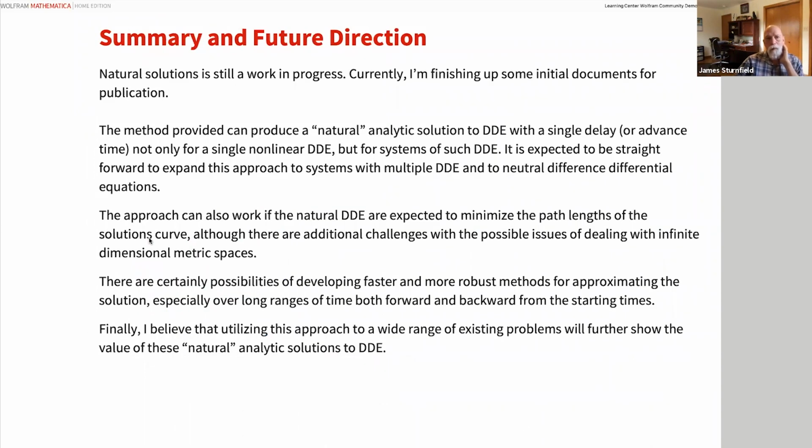So basically what I wanted to present here was just some work that's in progress. I'm still really finishing up some of the initial documents for publication. I believe that this has a lot of places it can be useful.